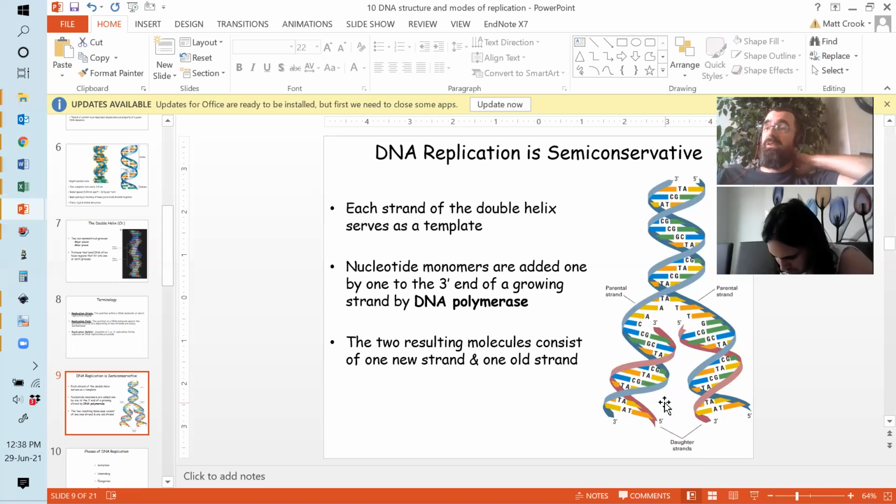These are going to be your sister chromatids, if this is a eukaryotic organism. And each sister chromatid will consist of one template or parental strand and one daughter strand. So one old and one new.